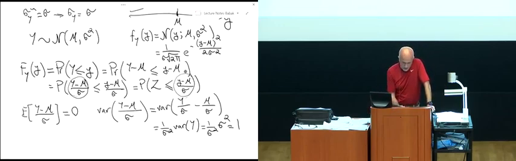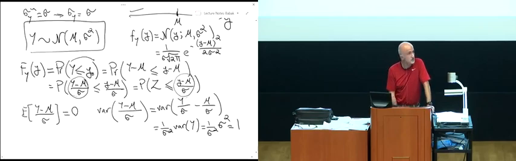So the probability that some non-standard Gaussian is less than or equal to a certain amount is the same as the probability that the standard Gaussian, obtained from subtracting the mean and dividing by the standard deviation, is less than that amount. Okay? So that's why one table does the job for all cases.